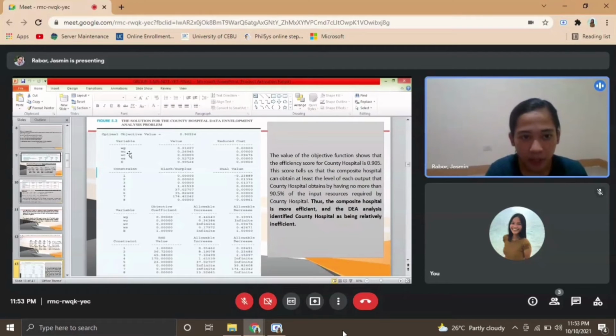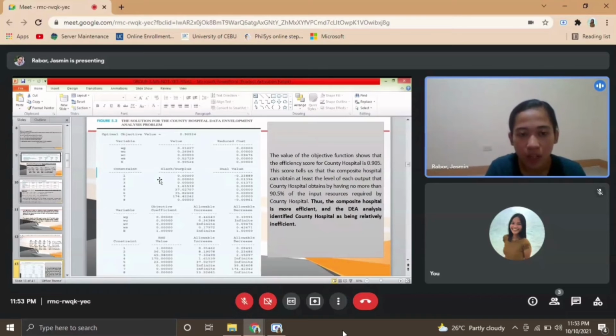So, naa tay lima ka variable. Ang katong E, the efficiency index, is the same value as the optimal objective value. Unya, ang four variables, the general, university, county, and state hospital, kay it should be equal to 1. The sum of its value kay mao na siya ang first constraint.